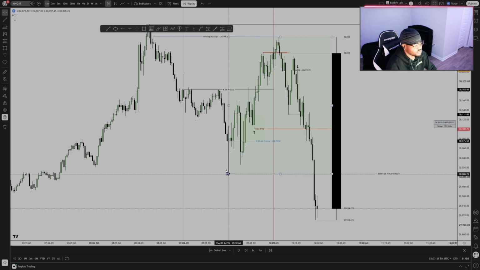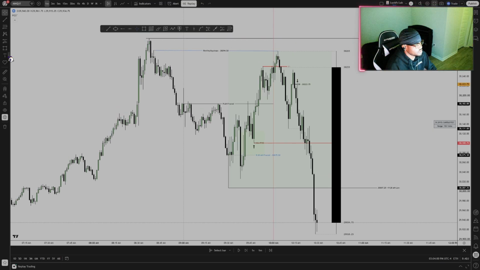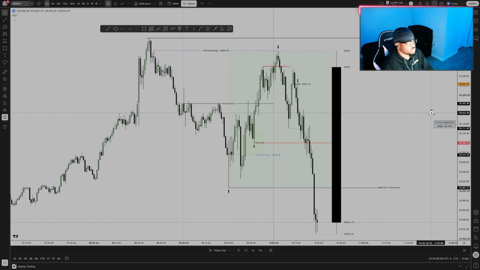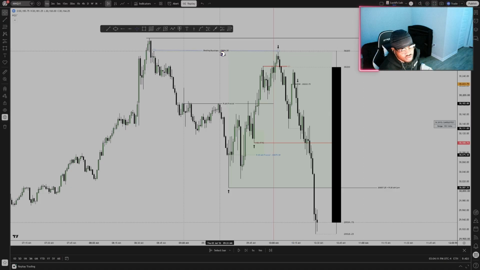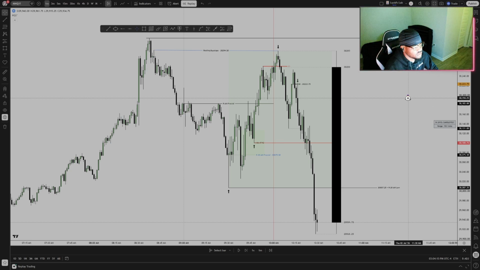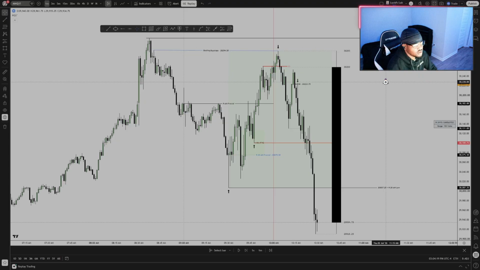So price expanded from this low and went higher and was trading back and forth in between the low of this range here, where we made our first initial pull from, and then the high of this range here, where we pretty much failed to take out the resting buy stops above that 30,294.50 level. So it failed to trade up a point and 2 ticks into that high, which is cool. A lot of times it does not need to get past the high. Sometimes it will fall just below it and still trade off.